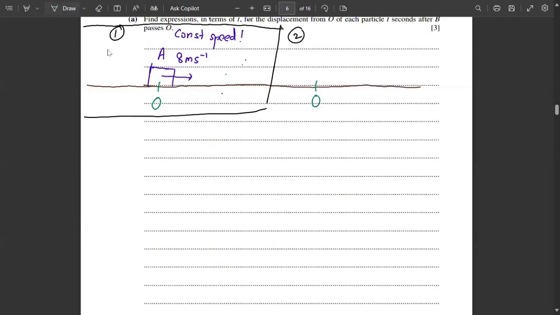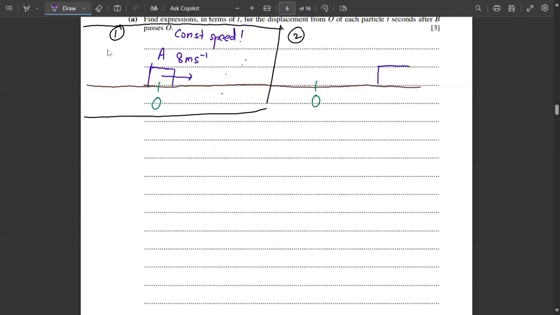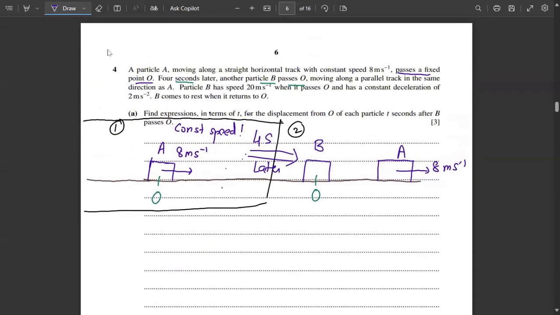But because A is traveling to the right, A might have traveled some distance. We will find that out in a while. A is still traveling at a constant speed, but this is happening 4 seconds later, when another particle B has also started traveling and reached point O. Another particle B passes O 4 seconds later, moving in the same direction.